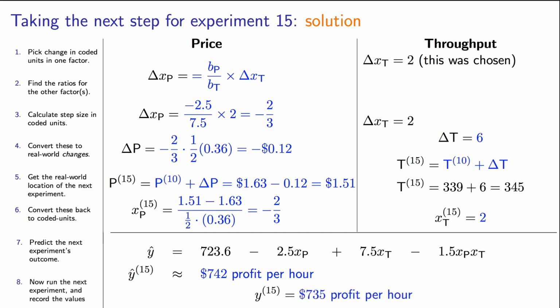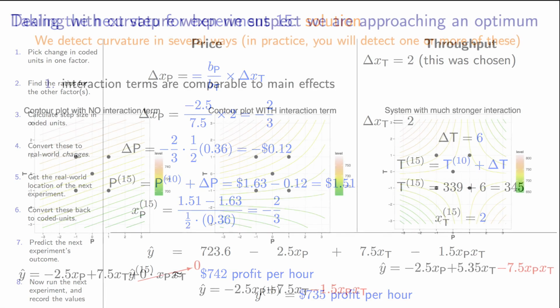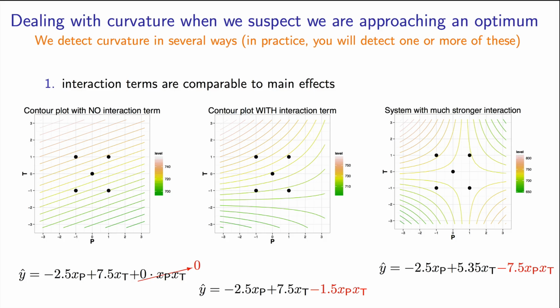When we run the actual experiment, we record a profit of $735. That's an overestimate of $7. This overestimate is comparable to the main effect, and we also have visual evidence now of curvature. This is starting to tell me that I should change my strategy. When we start to enter a region of curvature in response surface methods, it is the presence of a change in the surface's linearity that's apparent.